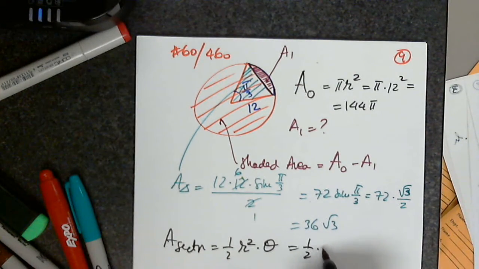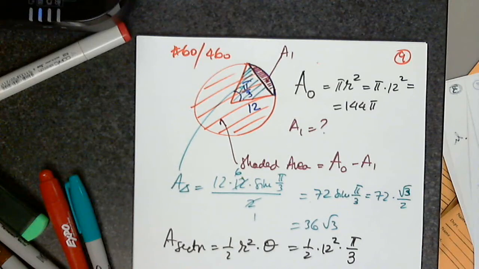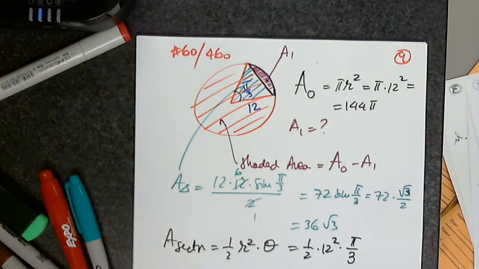So this is 1/2 times 12 squared times theta, which is pi divided by 3. So again, I have 144 divided by 2 times 3 times pi. So I'm going to divide and say 72, and 72 is divisible by 3. And I get 24 pi.